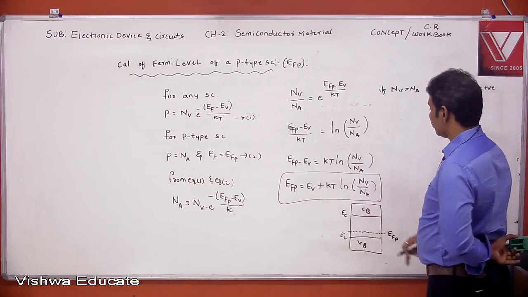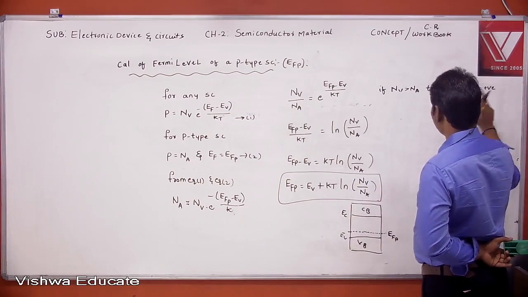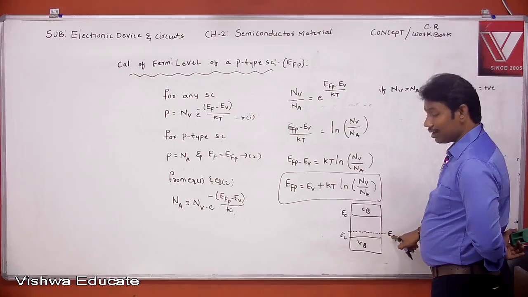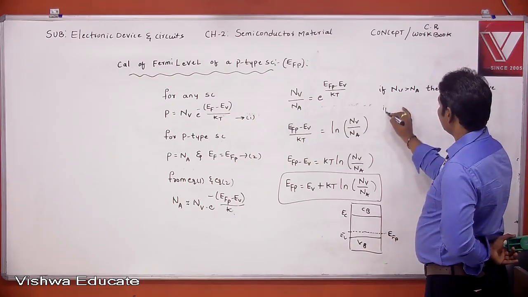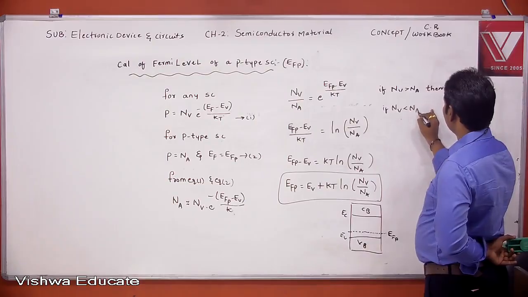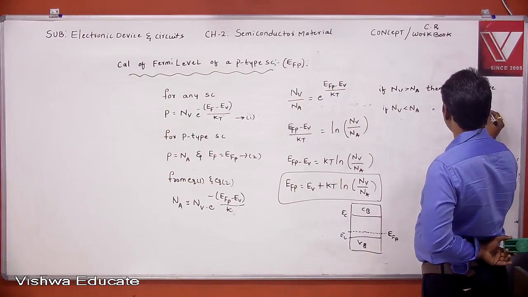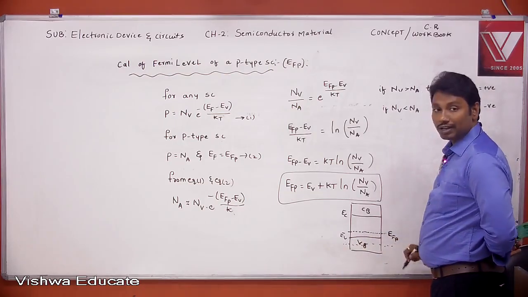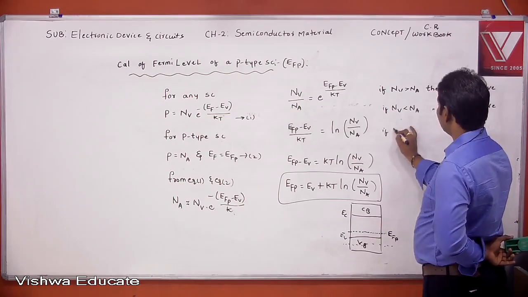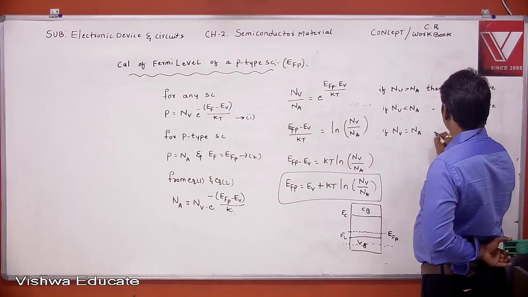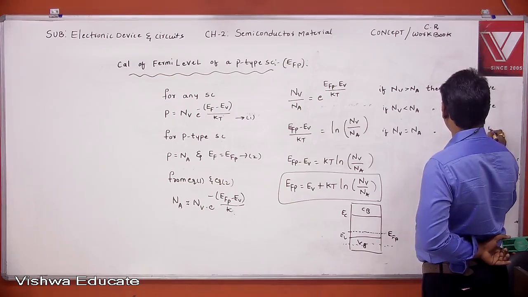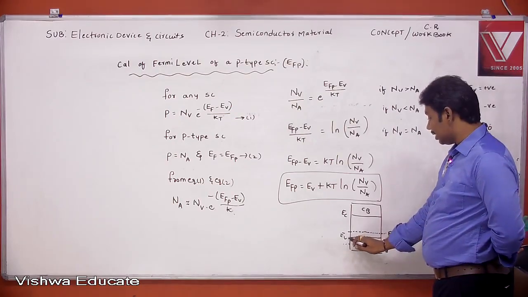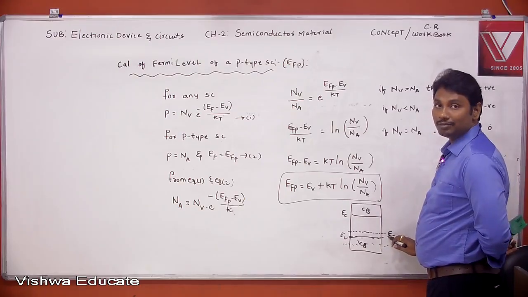EFP minus EV positive means the Fermi level lies above the valence band. Similarly, if NV is less than NA, EFP minus EV is negative. That means the Fermi level lies within the valence band. Next, if NV equals NA, then EFP minus EV is 0, which means the Fermi level coincides with the valence band.